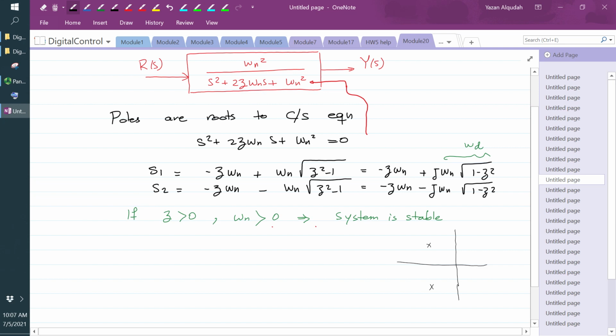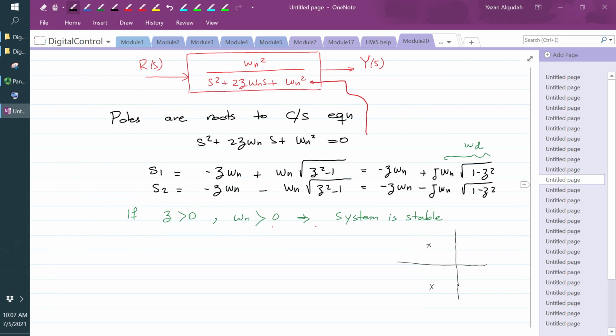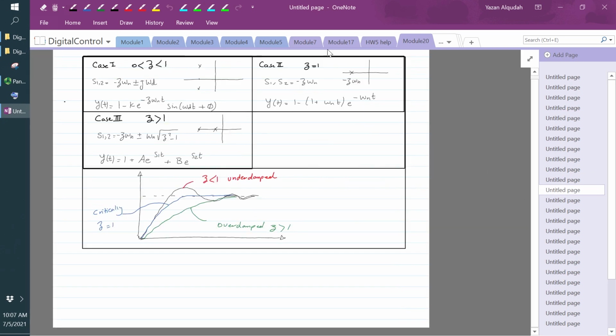For these roots to be in the left half plane, negative zeta omega n must be in the left half plane. So therefore, I want zeta and omega n to be greater than 0. Since they're multiplied by a negative sign, the pole is going to be in the left half plane. Of course, we study all these characteristics that we're going to be studying next if the system is stable. If the system is unstable, then none of this will apply.